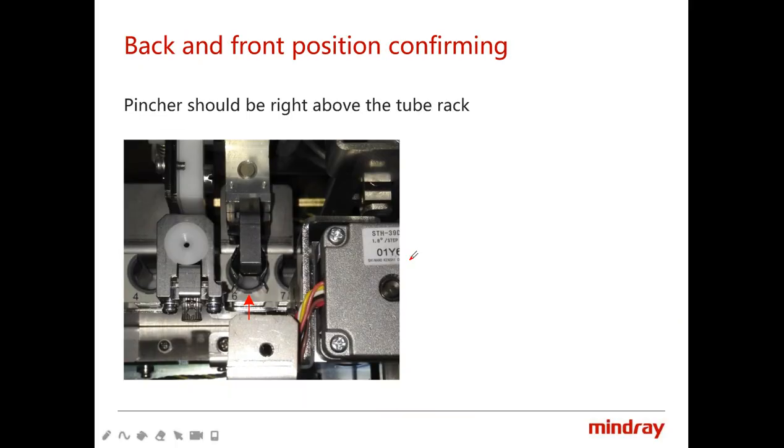And for the back and front position confirming, we can adjust the pincher. We can adjust it by the software or the screw. You can loosen the screw at the right side of the pincher, and then move it in or out, and then tighten it again, fix it again.